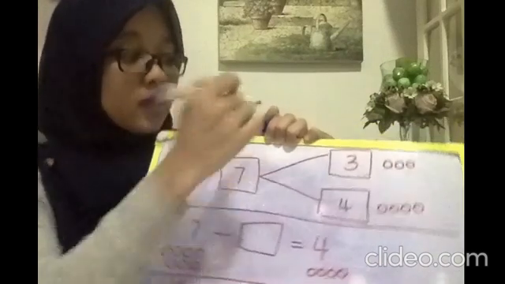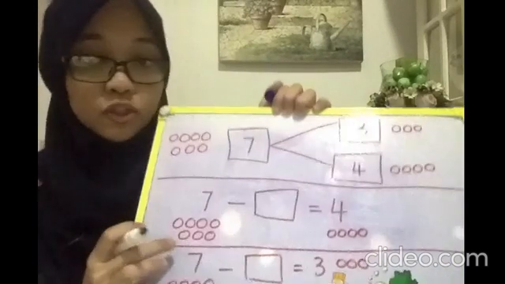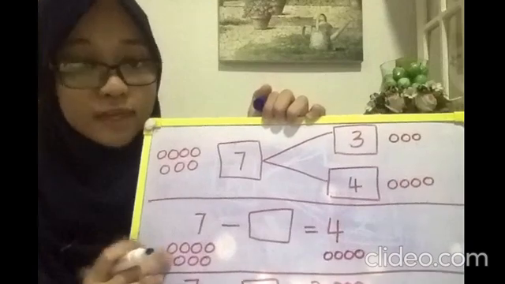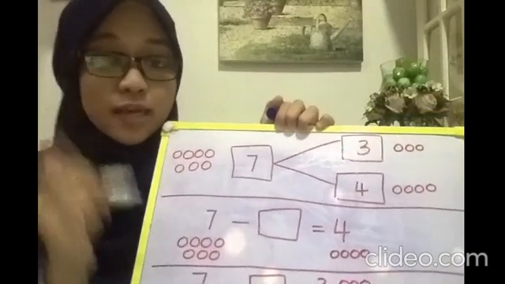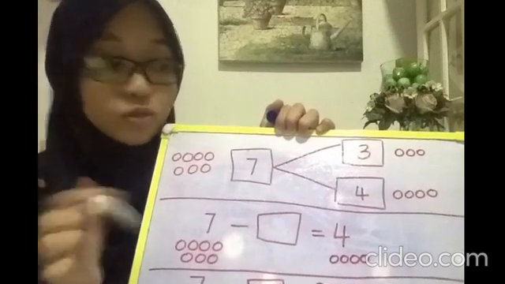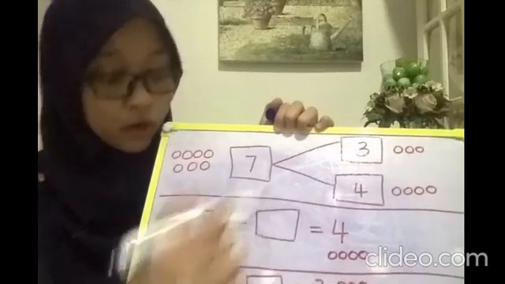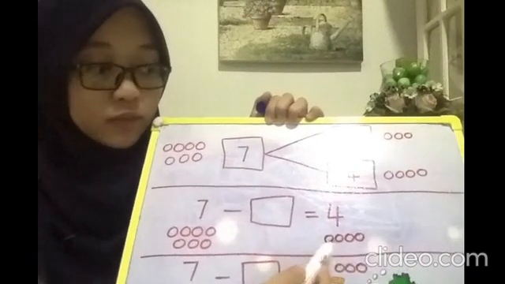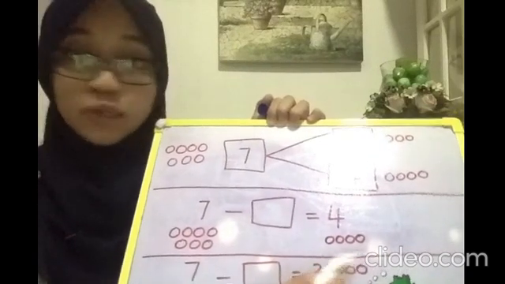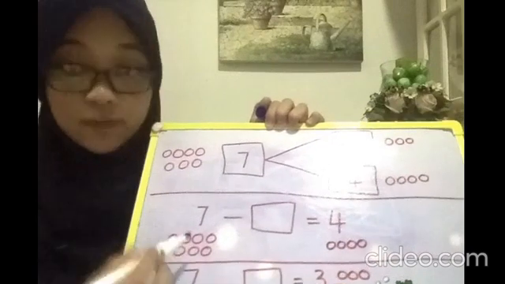And how do you figure out using the circles? Okay, I'm going to show you here. So we have 7, we have 4. Okay, now this is very important, okay? So we have to cross out to find out 4. Okay, so how do we do? So from 7, we have 4. Did we cross out 4 here? No, 4 we did not cross out, right? Okay, so leave it. So we have to count.